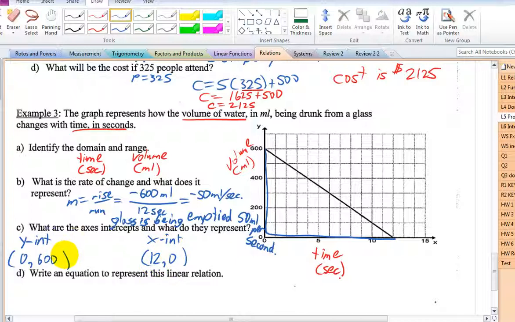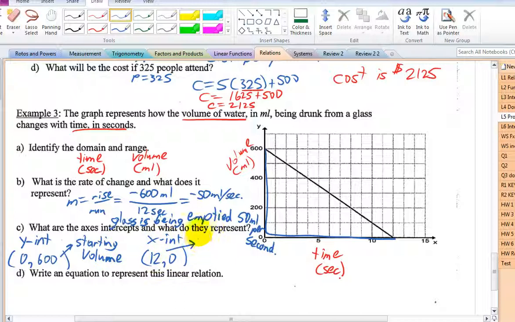Okay. So what's the 600 represent? Well, it's going to be your starting volume. When you start the time, there's 600 milliliters in the glass. It's your starting volume.